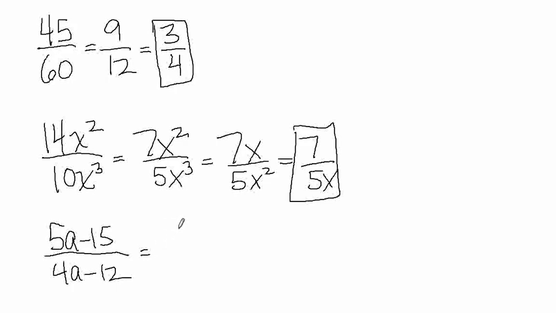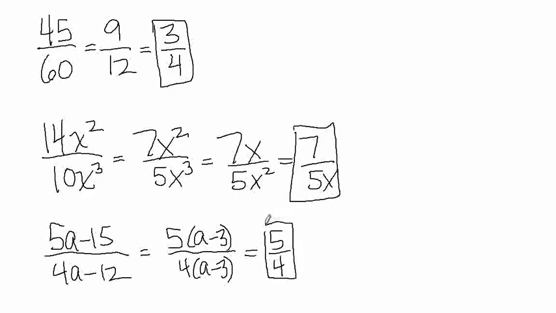Watch this. If I factored the top, and then I factored the bottom, okay, now we're allowed to divide the top and bottom by the binomial a minus 3, and so that reduces to 5 over 4. Okay?